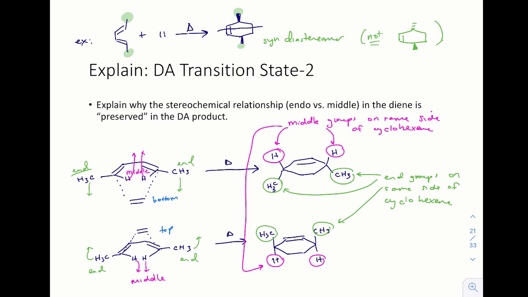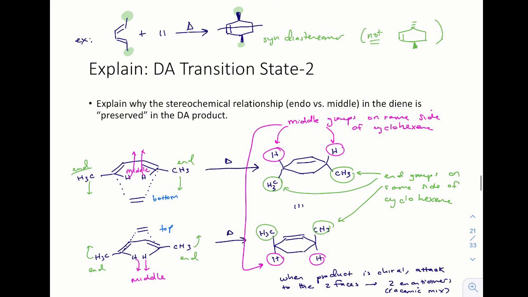There's a plane of symmetry, so it makes the same thing, but attack does happen to each face. However, the main point of this slide is just helping you understand how the ends of the diene end up on the same side of the cyclohexene product as do the middles of the diene, and it's just coming from this concerted transition state.